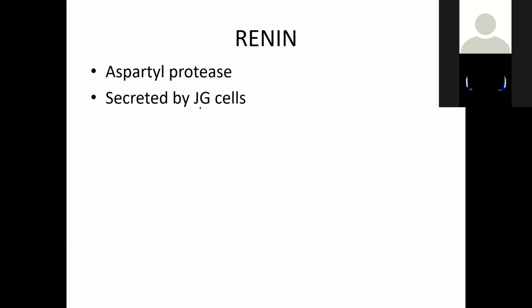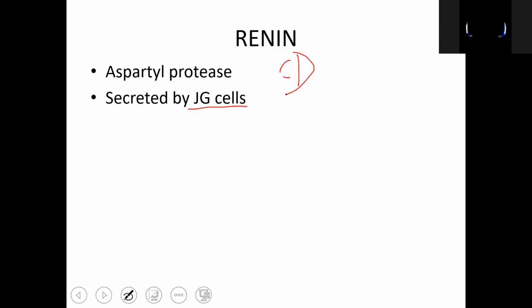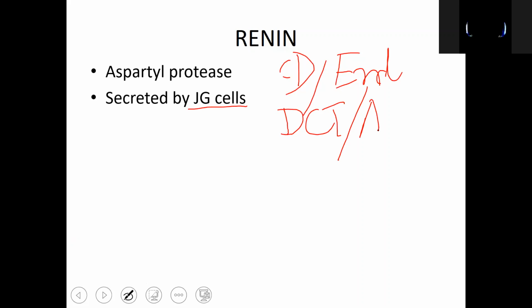Location. It was something like which cells on the collecting duct side or on the endothelial side. It is usually at the junction of the DCT and your afferent arteriole. Okay, so at this point the macula densa and the JG apparatus are present. On the DCT side, the cells are converted into macula densa, and on the afferent arteriole side, the cells are converted to JG cells.